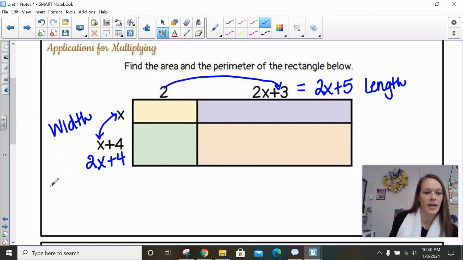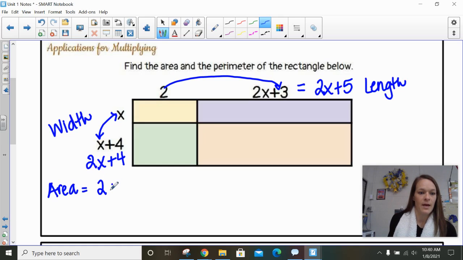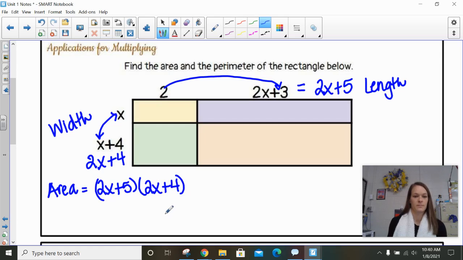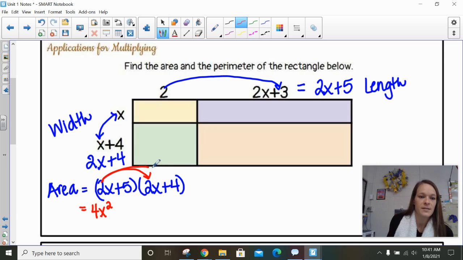So let's look for area. So for the area, I have 2x plus 5 times 2x plus 4. Okay, so you can do your box method, you can do distribution. I'm going to do distribution on this one because we haven't done that one recently. Okay, so 2x times the 2x gives me 4x squared, and then 2x times this 4 gives me 8x.